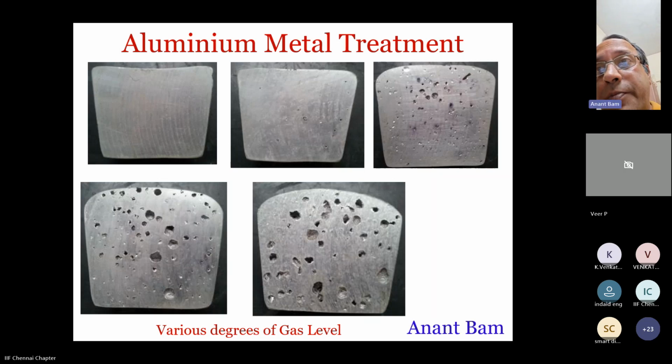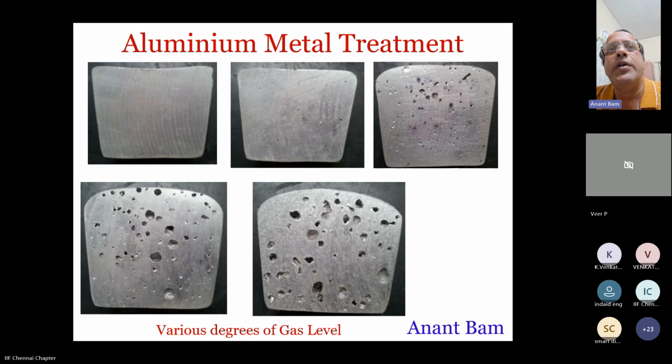A second sample is taken in the same cup, but it is allowed to cool in natural condition, at atmospheric condition. As we know, the liquid aluminum is at atmospheric condition, that is 1 bar pressure, 1 atmosphere pressure, close to 1 bar. So naturally, the gas dissolved in it is also at 1 bar.